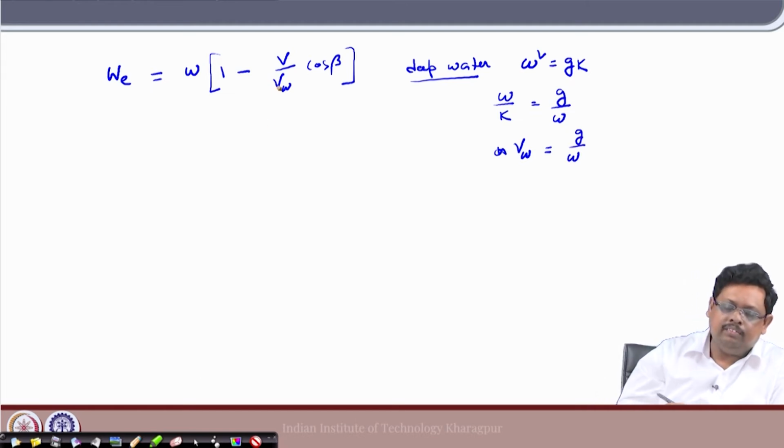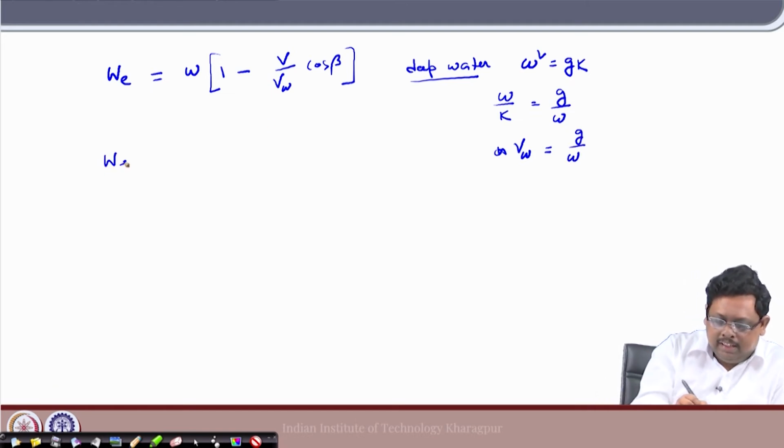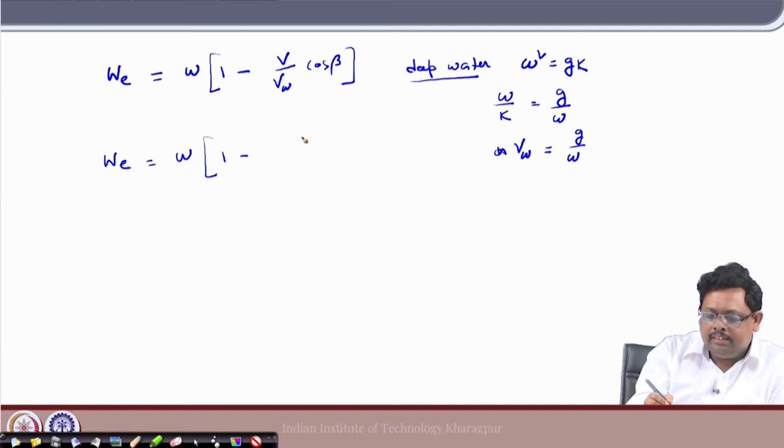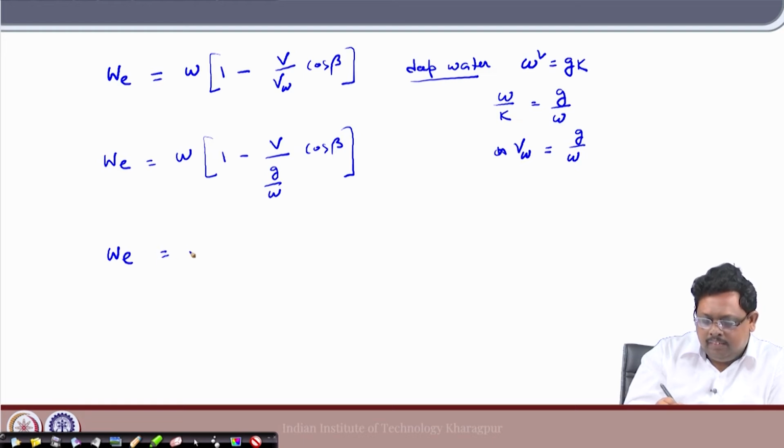Now, if I substitute over here, we get omega e equal to omega into 1 minus v divided by g by omega into cos beta, and finally omega e equal to omega into 1 minus omega by g into v cos beta.